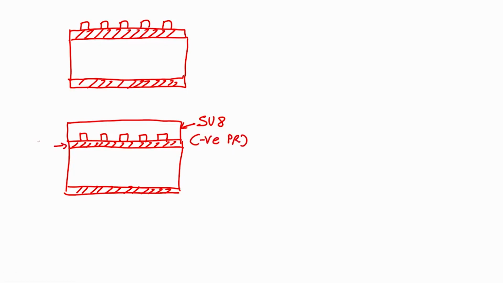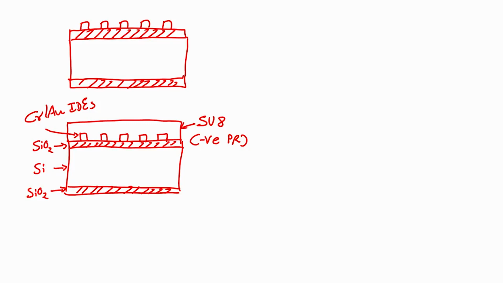This is my silicon dioxide, this is my silicon, this is silicon dioxide. These are chrome gold interdigitated electrodes. Easy. Now, SU8 is negative photoresist. So, what is the next step?